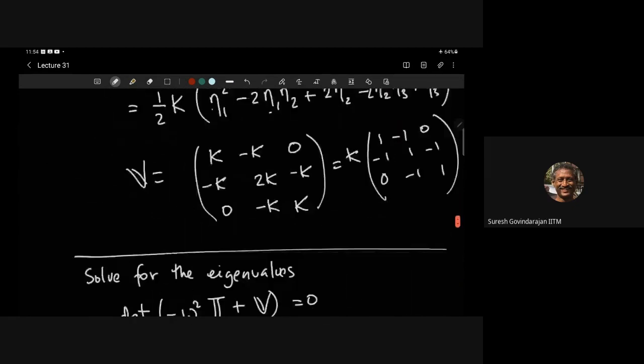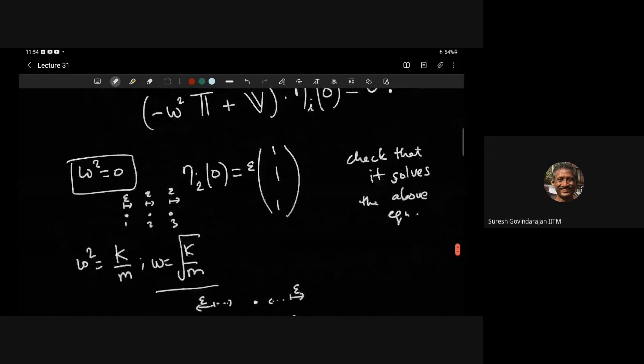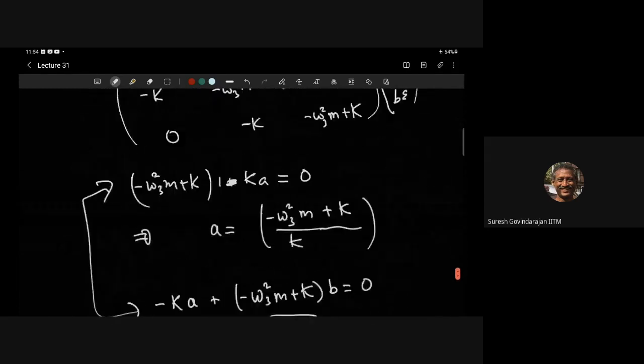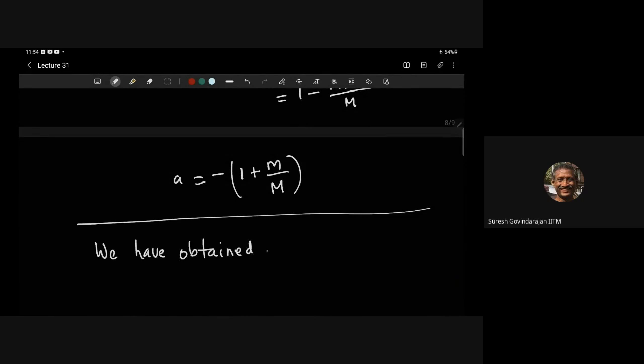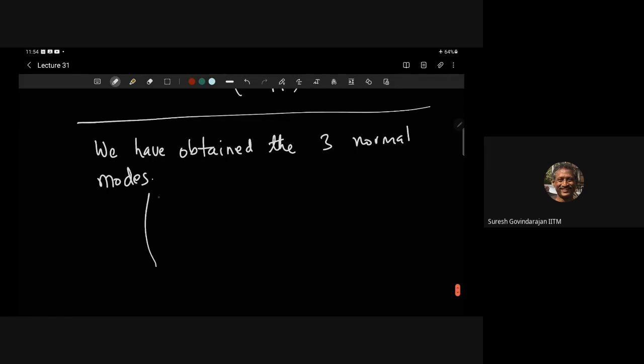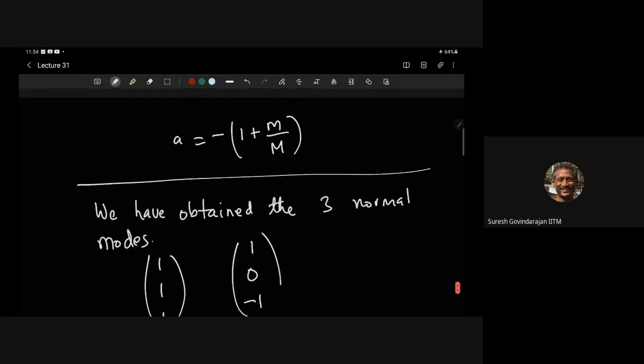And so now we are done, we've got all the modes, right? We have obtained the 3 normal modes, and they are proportional to 1, 1, 1, which was 0, and the other one was 1, 0, minus 1.